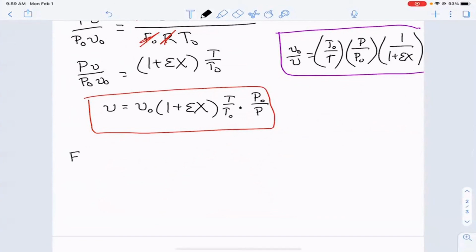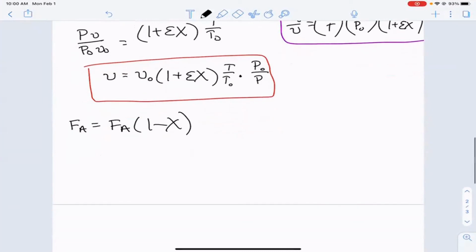And so remember, we have FA is equal to FA0 times 1 minus x. This is still true. This still comes directly from the definition of conversion and just by applying it to our mole balance, right? In minus out plus generation minus consumption equals 0, because we're operating our CSTR at steady state. So this expression is still fine.